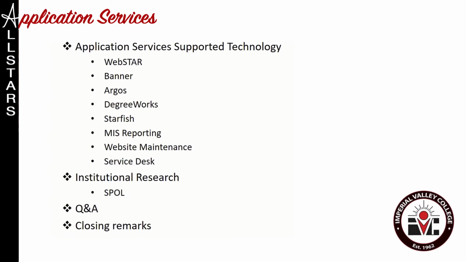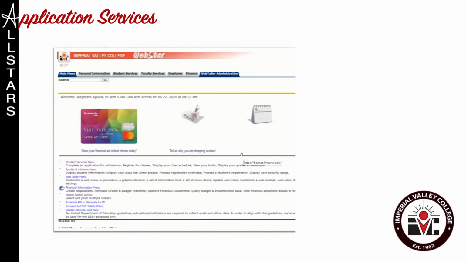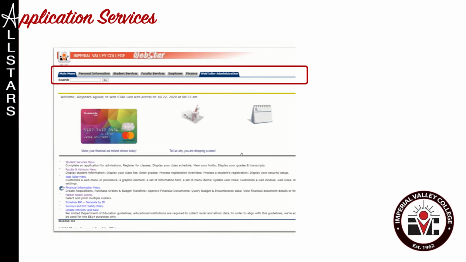So with that in mind, I'm going to talk briefly about WebSTAR. So WebSTAR is our Banner self-service. To log into WebSTAR, you need your G number and a password, which is the same as your email password. Now, depending upon whether you're a student or faculty or staff, different tabs will show across the top. If you're a student, it's generally just the main menu, the personal stuff, and then the student menu.